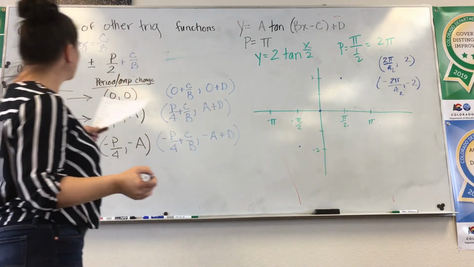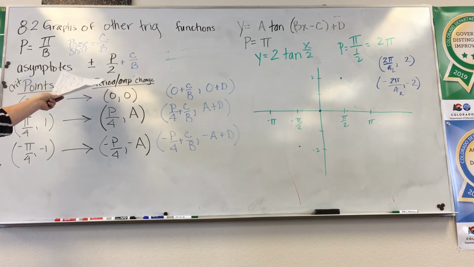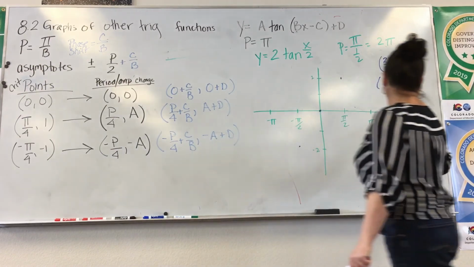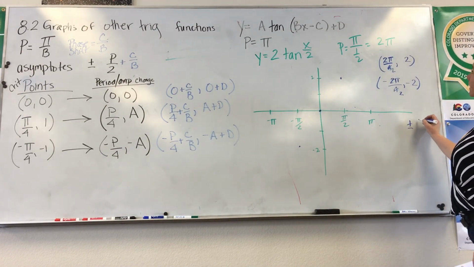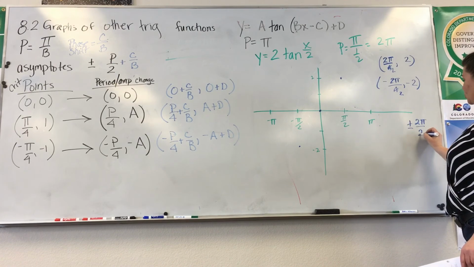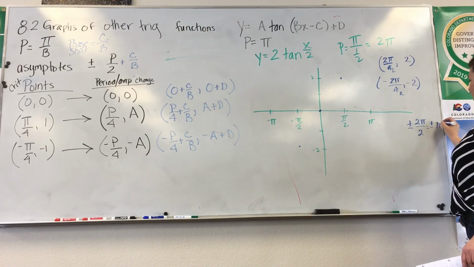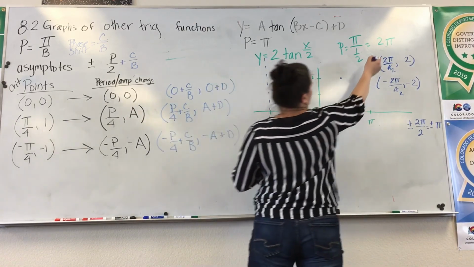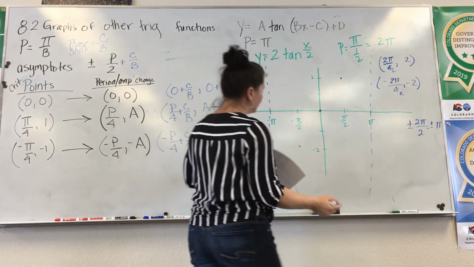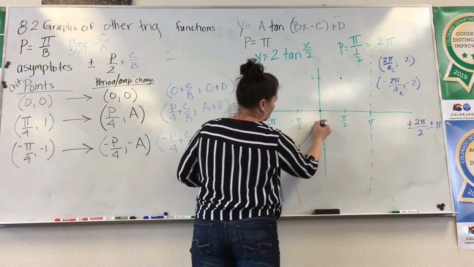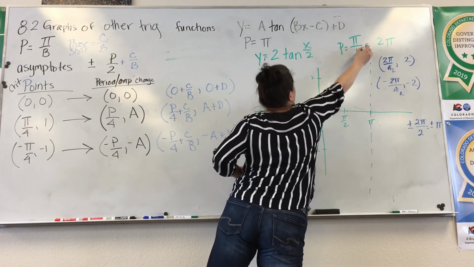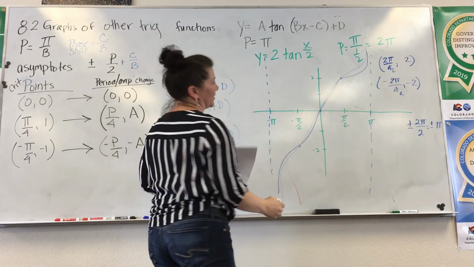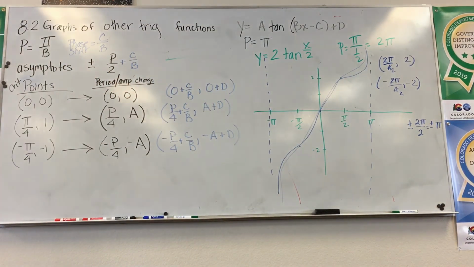My asymptotes are going to be at plus or minus the period divided by 2, so plus or minus 2 pi divided by 2, which is plus or minus pi. So here are my asymptotes. And then I know that tangent goes like this. That's the ugliest. I can't draw the tangent. But that's sort of what it looks like. Okay?